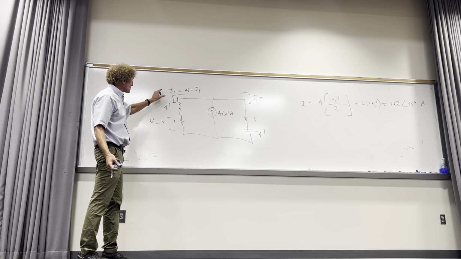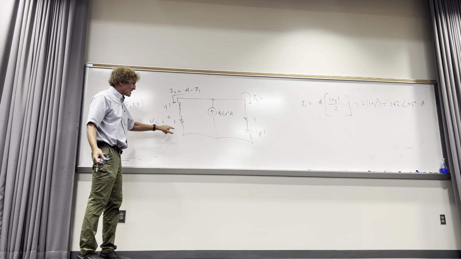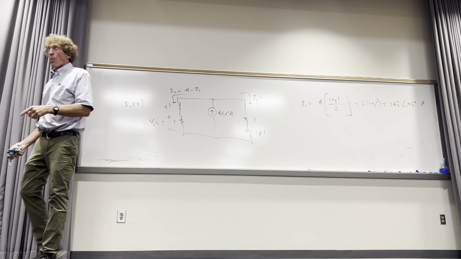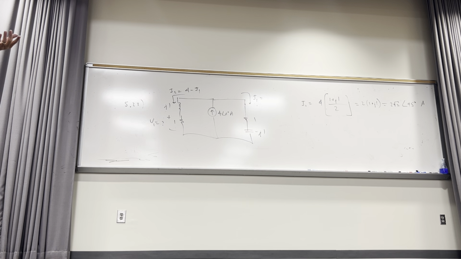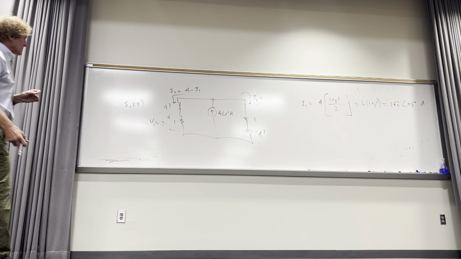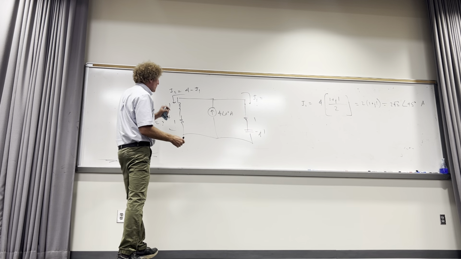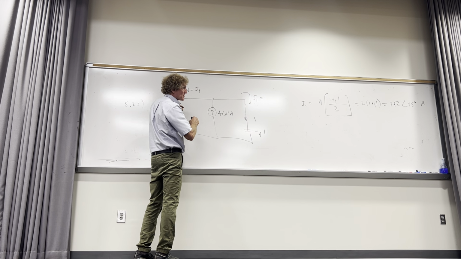So if I had this current, what would this voltage be? 1 times that, which is that current, right, in magnitude. It's a nice, easy problem if you know what you're doing. Everybody with me on this? By the way, could somebody tell me what this is? 4 minus that, 2 square root of 2 at 45.